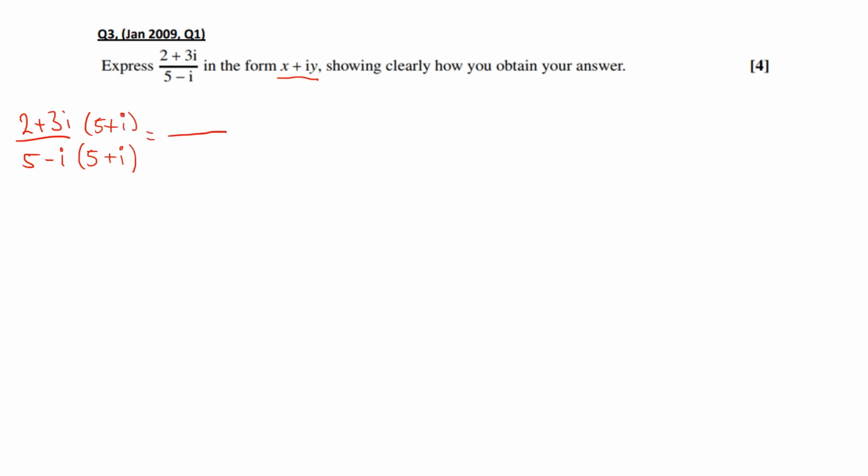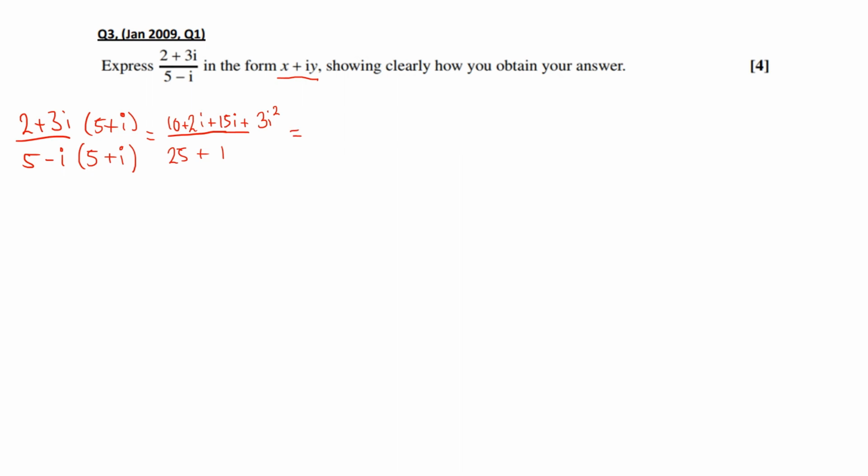Therefore we're going to get 25. And we're going to get over here minus 5i, we're going to get plus 5i, they're going to cancel. Then minus i times i is just plus 1. 2 times 5 is going to be 10. 2 times i is going to be plus 2i. 3 times 5 is going to be plus 15i, and then 3i times i is plus 3i squared.